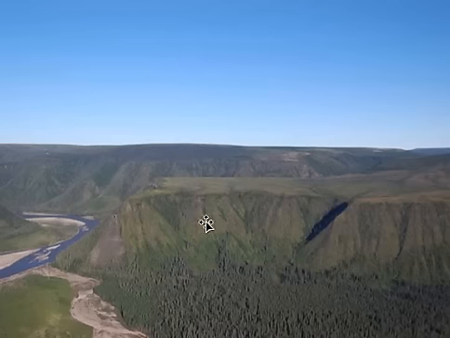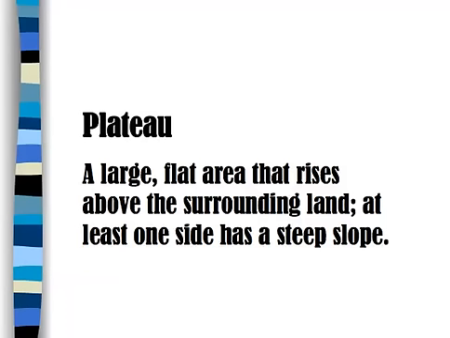Notice this, and up here you can see has steep sides for that. Here's that definition for you. A large flat area that rises above the surrounding land. At least one side has a steep slope. Feel free, of course, to pause the video at any time.